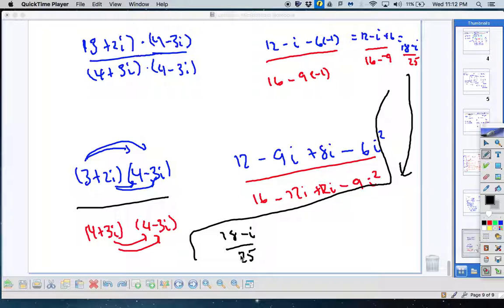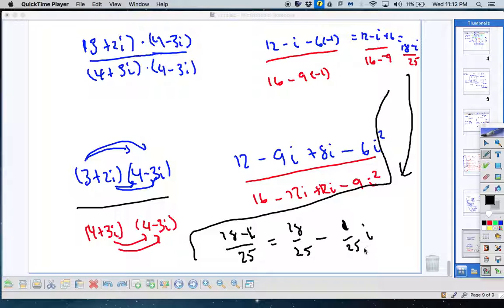I think I said earlier that it didn't, but maybe that was a different video. We can have fractions, so we're going to split this fraction up like we've done before. So we're going to split this up into 18 over 25, and then I got the minus symbol, and over here, since it's not here, there's a 1, so I'm going to have 1 over 25.